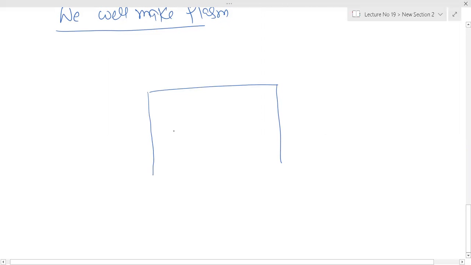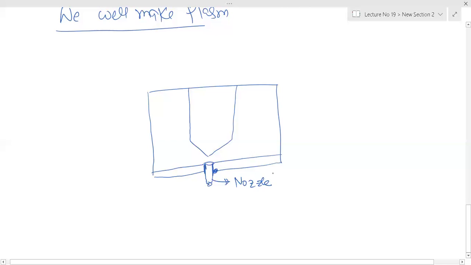There is a chamber, and we have an electrode. This is your electrode, and this is your nozzle. My drawing is not that good. Anyway, that is the nozzle, and this is your electrode.